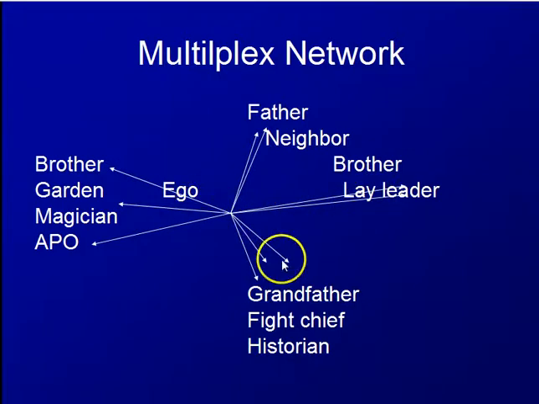His grandfather is also the fight chief and the historian of the village. So his grandfather is not just his grandfather, he has other roles in the community to which ego relates to him. Likewise, his brother is not just his brother, he's also the lay leader of the church that ego goes to. So he's connected in multiple ways to the same person, and that is a multiplex network.